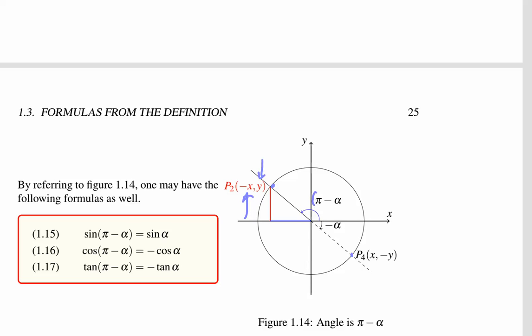The angle in the second quadrant gives sine of pi minus alpha, which will be the value y.